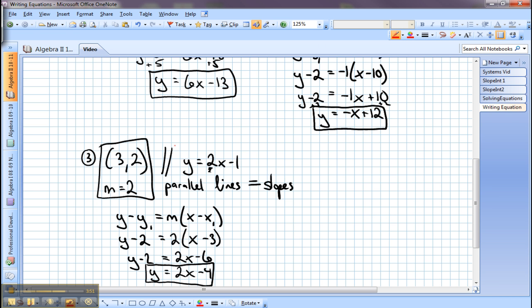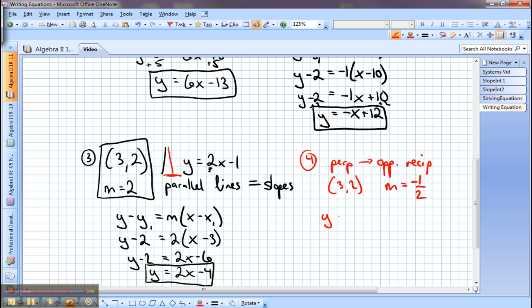If we change this problem and say, let's pretend that we were perpendicular to this line, what's important to remember is that perpendicular lines have slopes that are opposite reciprocals. So we are going to use the point 3, 2, but instead of using 2, we are going to use a slope of negative 1/2.